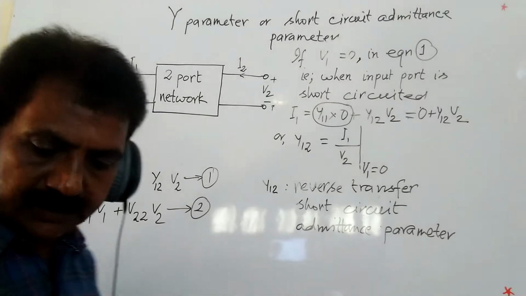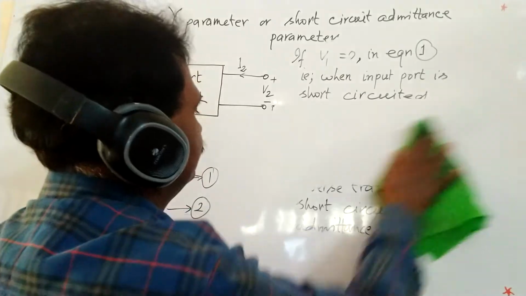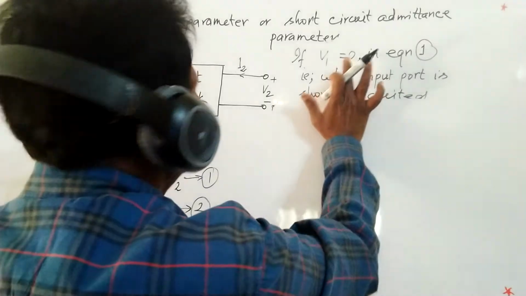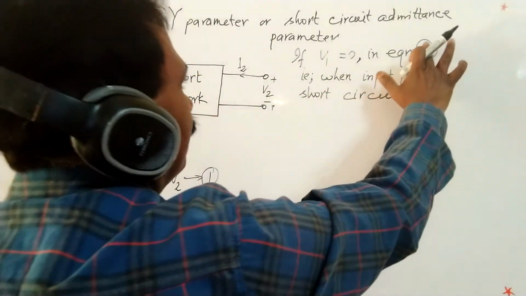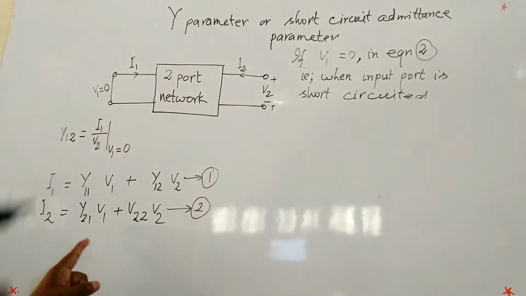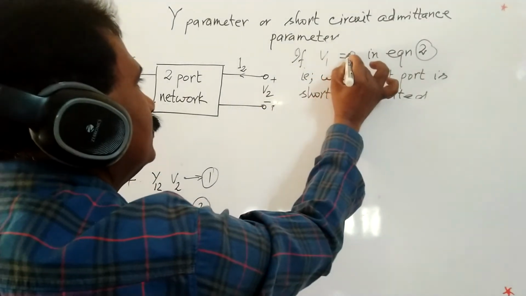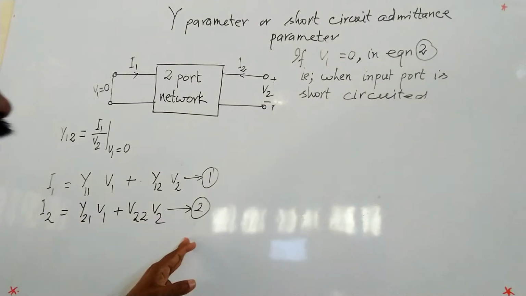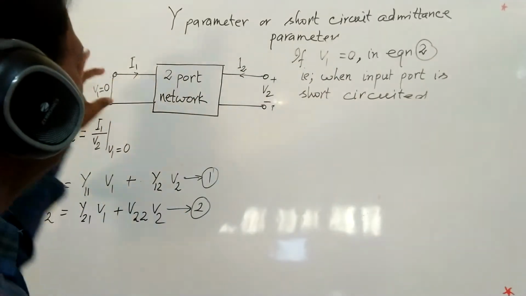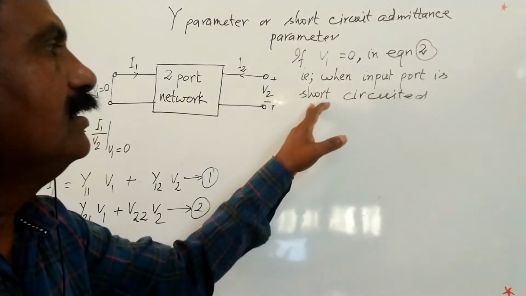Okay. Now I am just going to erase this one, and again we take V1 equal to 0, but in equation 2 I am going to put the value of V1 equal to 0. It means we are doing this, the input port is short circuited.